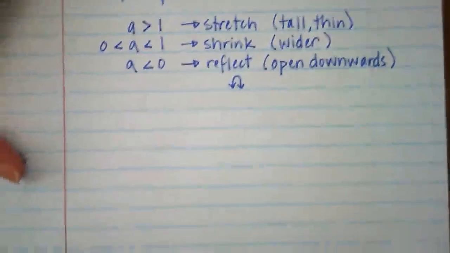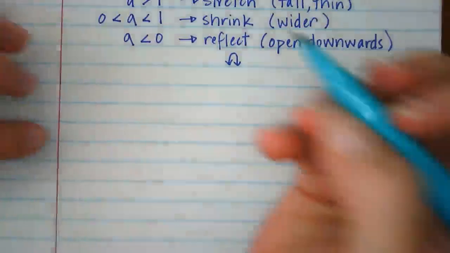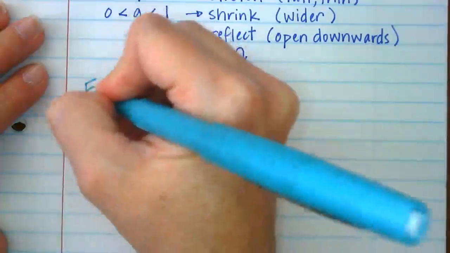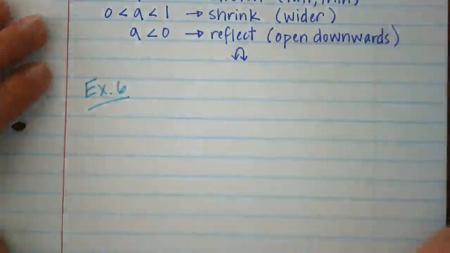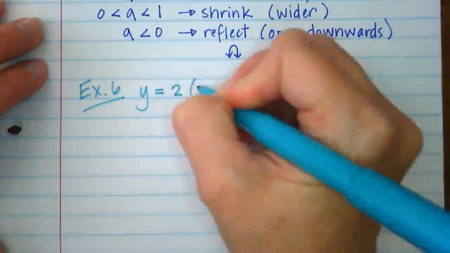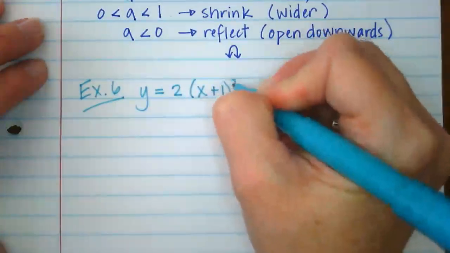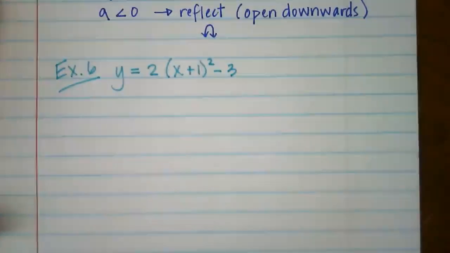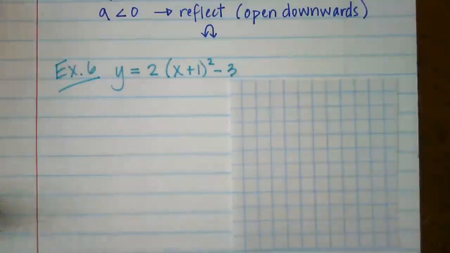All right, so here we go. We stopped with example 5, so let's start with example 6. Let's say y equals 2(x + 1)² - 3. I'm just making this up. I'm going to get a piece of graph paper here.